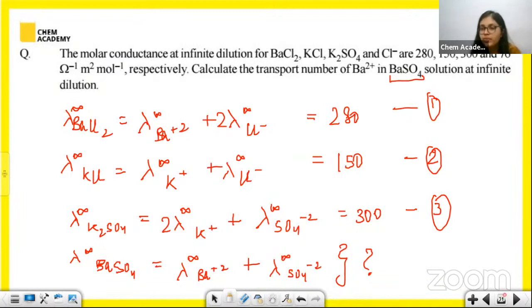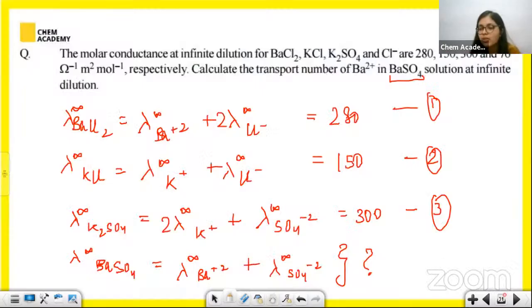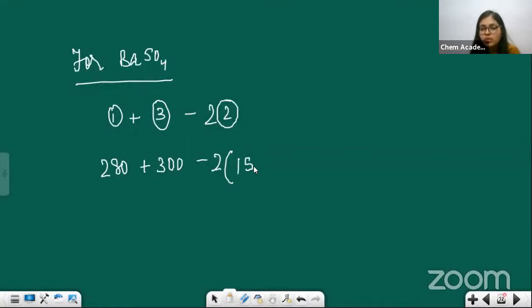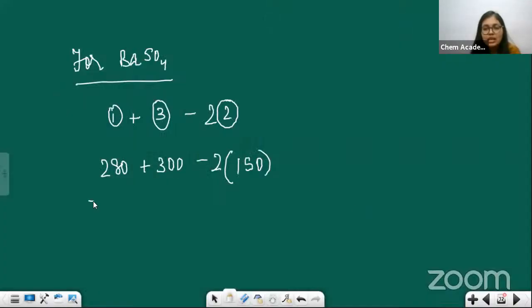So we will have 280 plus 300 minus twice of 150. From here, the final value we will get is 280. We can easily know that lambda m infinity of BaSO4 is coming out to be 280.